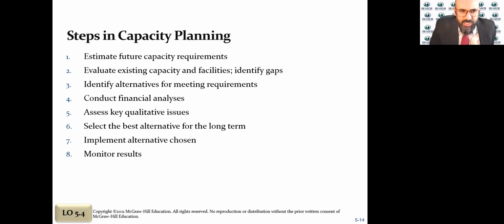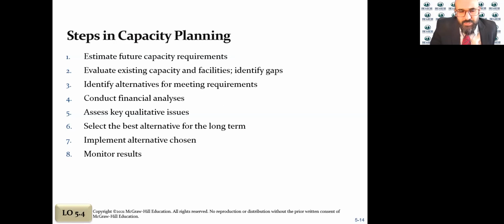Once you conduct the financial analysis, number 5, you assess qualitative issues. So you could also consider non-financial analysis. You could consider the competition, maybe the stress, the economic and environmental impacts, and something like this. Number 6, select the best alternative for the long term.